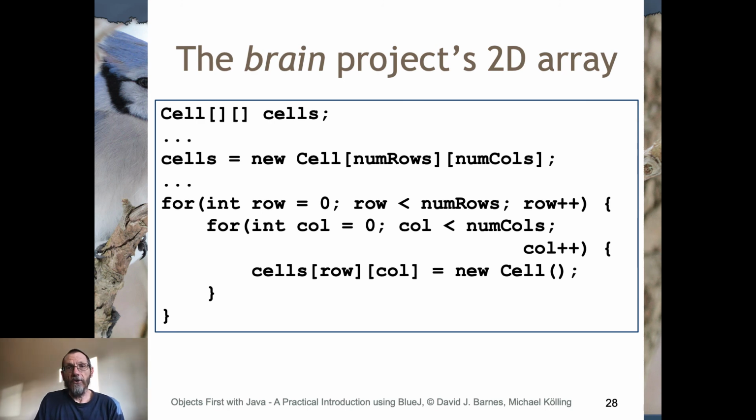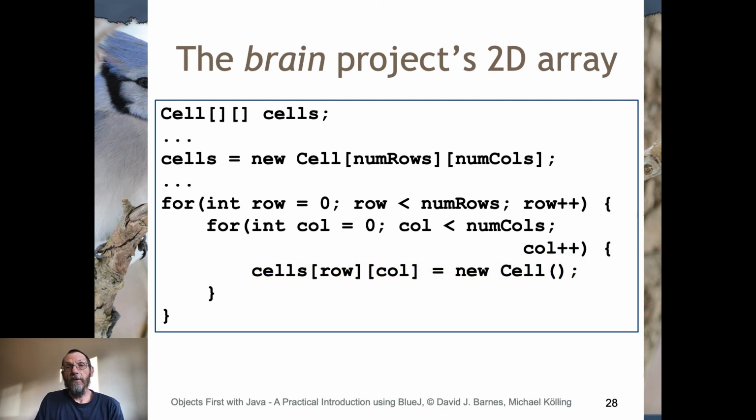Creation of the cell objects requires a separate step, and we've encoded that within two nested for loops, where we firstly iterate over the number of rows, and for each row we iterate over the number of columns, and then for that row-column combination we then create a new cell and store a reference to that new cell object in that particular element of the two-dimensional cell array.